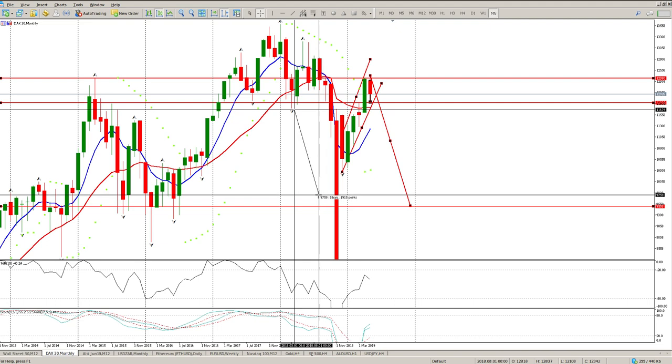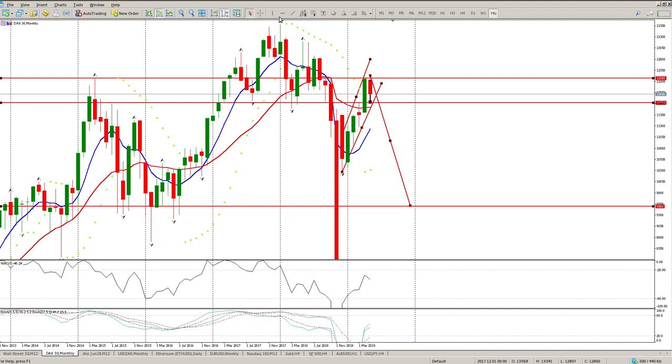Let me just line that up with this inside bar here. So there it is there. This measured move is targeting 9728 or alternatively 9,500. So between 9,700 and 9,500 is what this measured move is targeting right now.